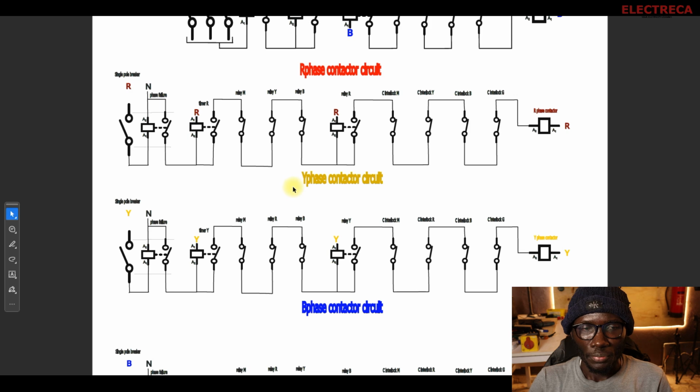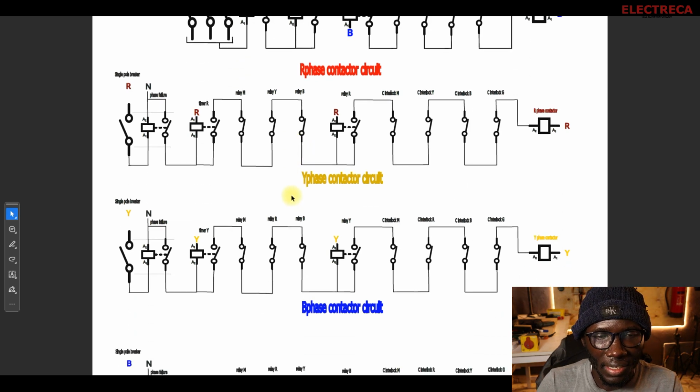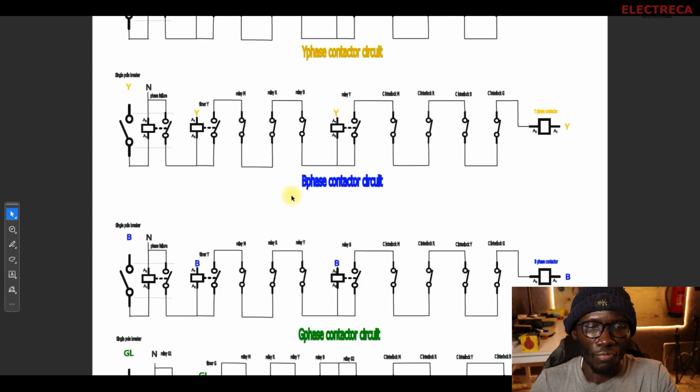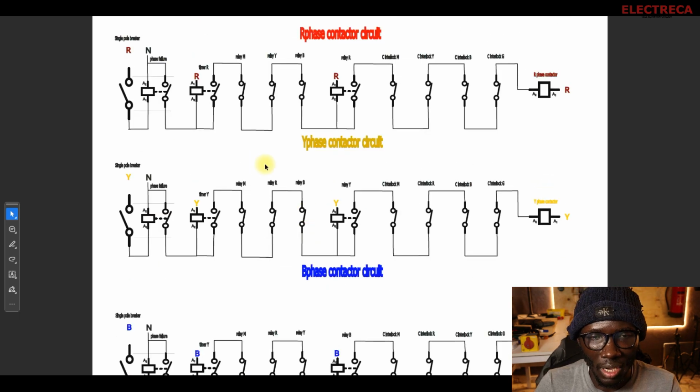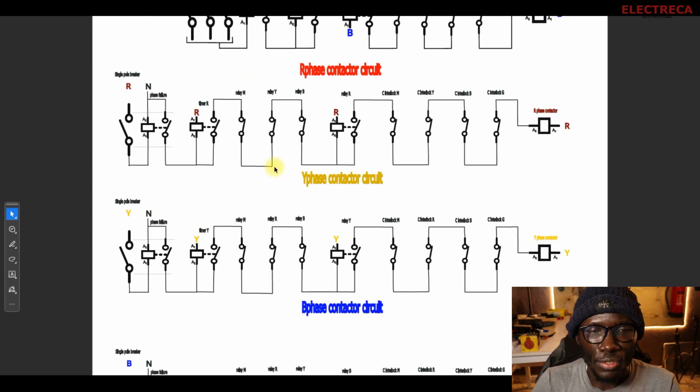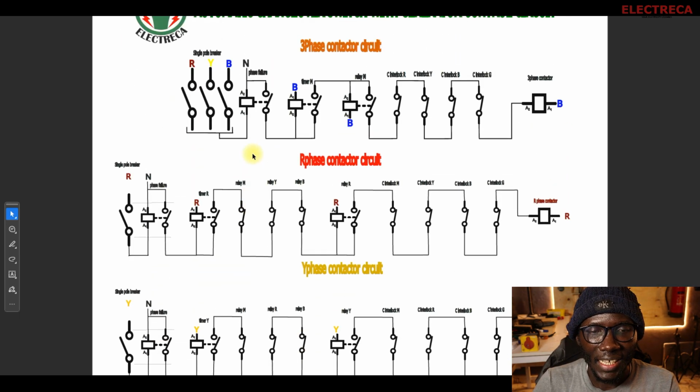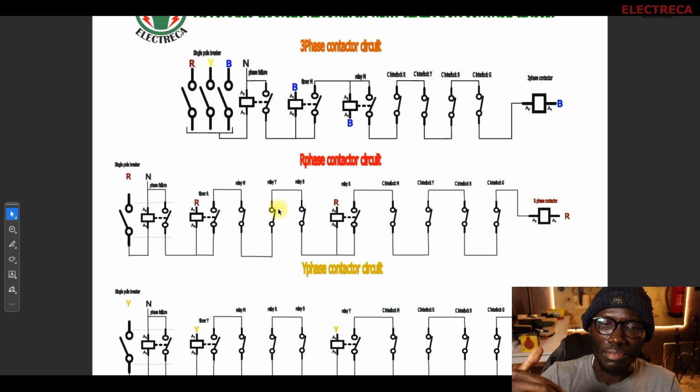So if we talk about R, R will take care of blue and yellow. Let us talk about R. Because we passed through the first circuit, we wanted to make it priority.